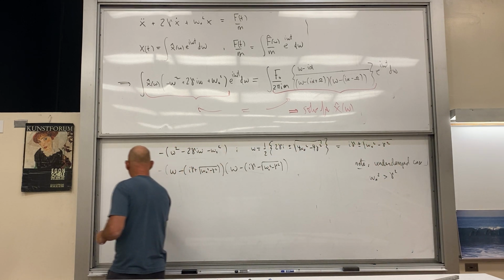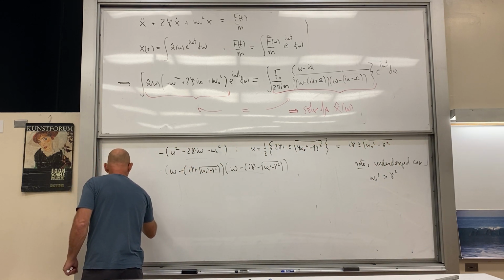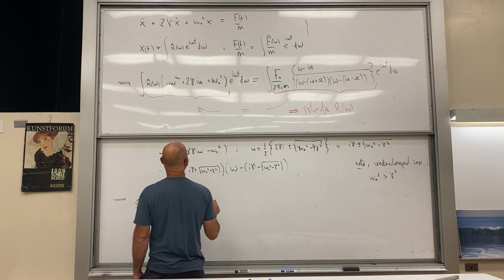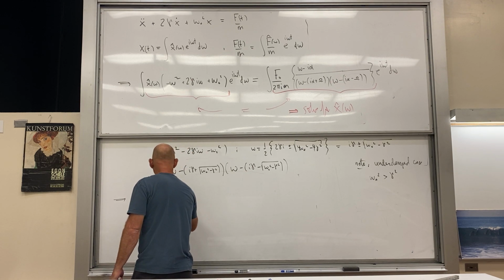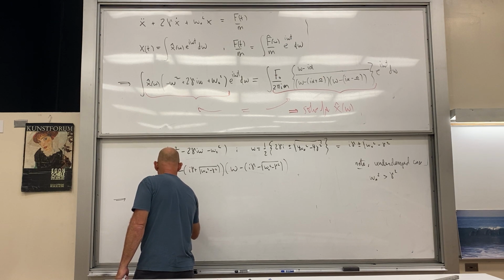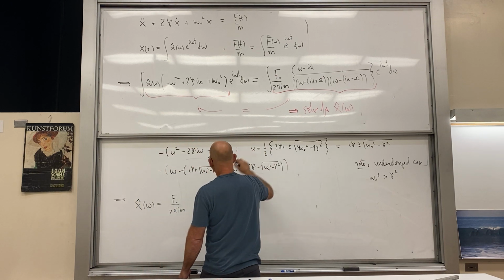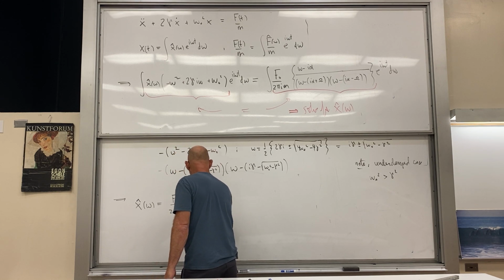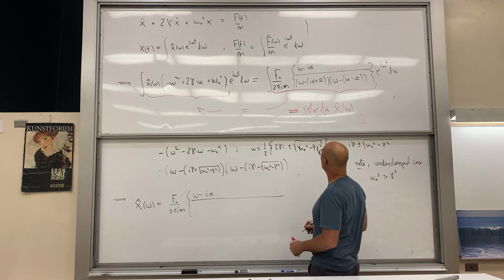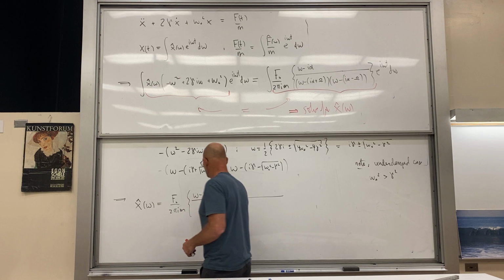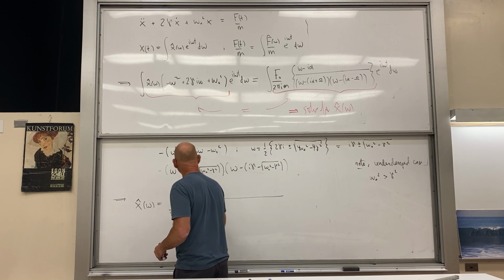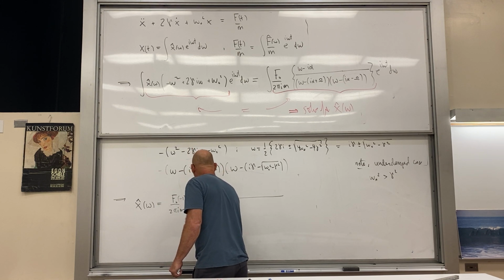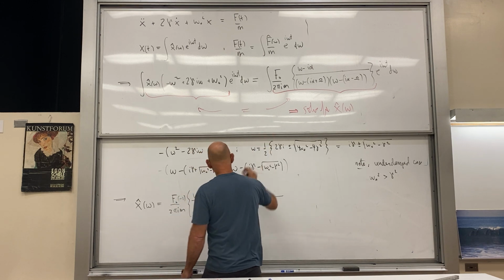We now have x hat of omega equals f naught over 2 pi i times m. That's over there. I'm going to have omega minus i alpha. And now I'm dividing by these four roots. In fact, I've got a minus sign, so I'll just put a minus 1 here. So, I'm going to write these two down first.